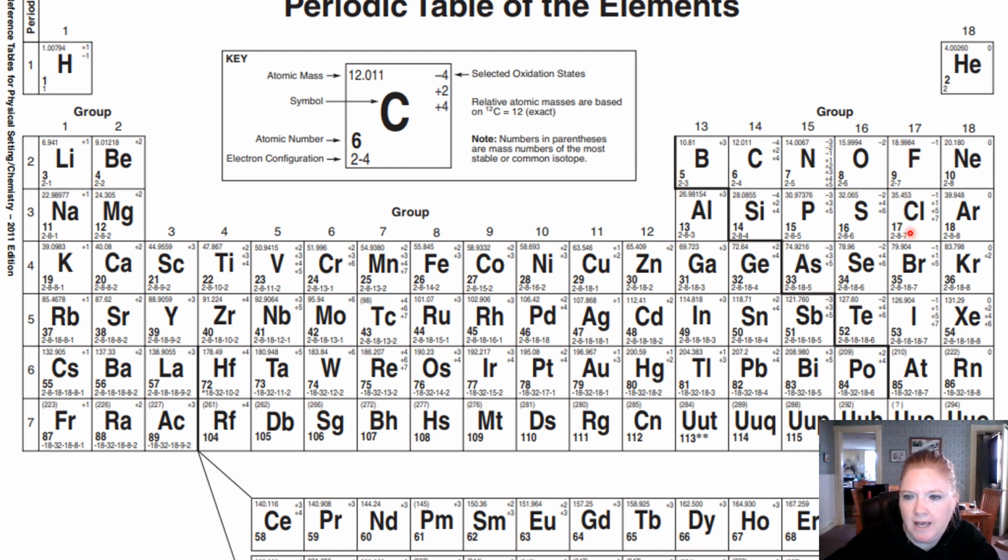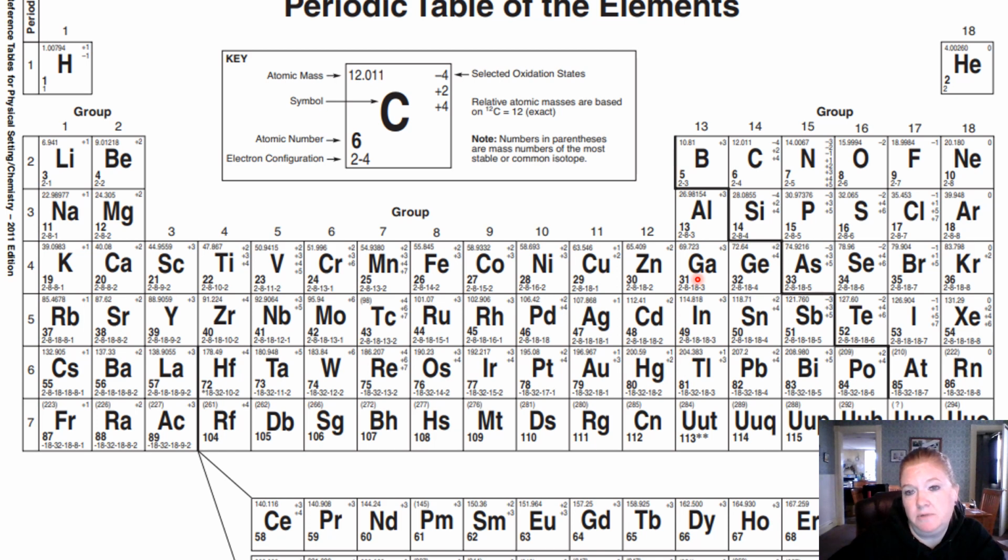So remember we had F and Cl that were gases. The next one in the list, bromine, is a liquid, and then further down, those are solids. So bromine is the liquid nonmetal, and Hg or mercury is the liquid metal. So hydrogen, group 18, N, O, F, Cl are gases, bromine and mercury are liquids. Everything else is a solid.